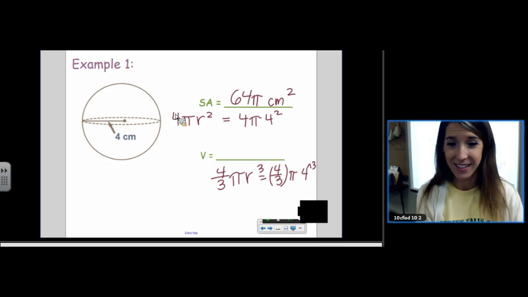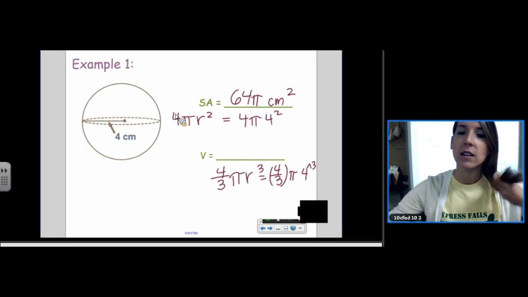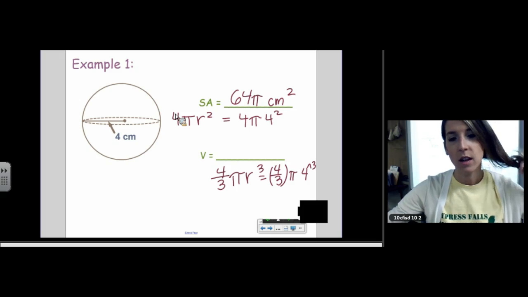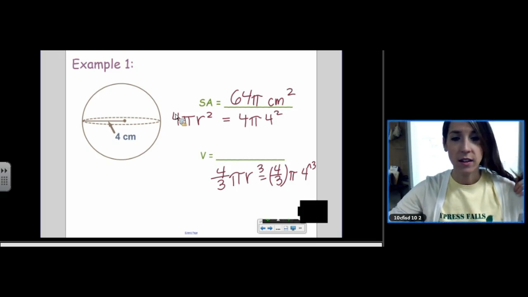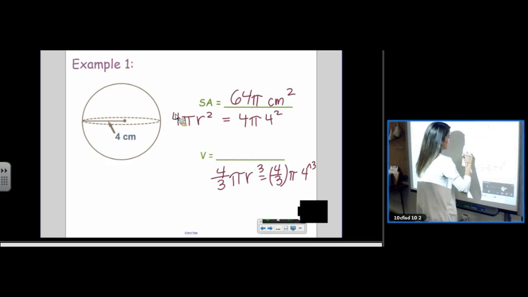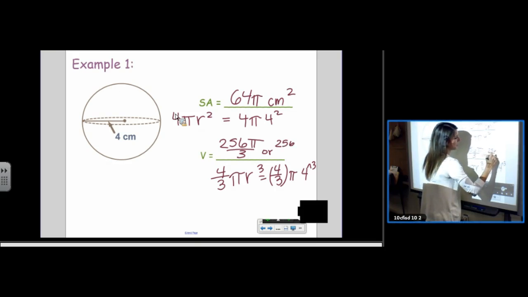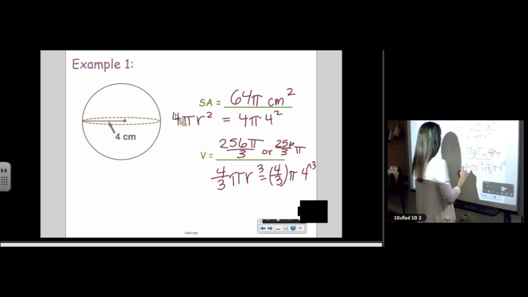I don't know, Alex. What do you get for volume? So not so pretty. 256 pi over 3. Or you can write it as 256 pi.